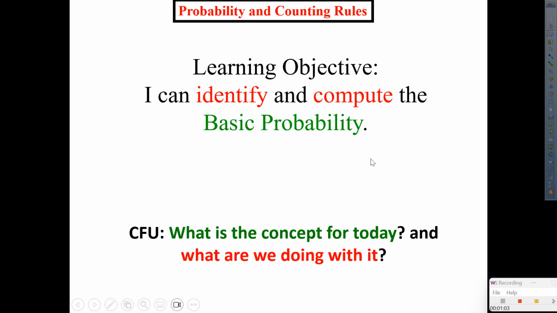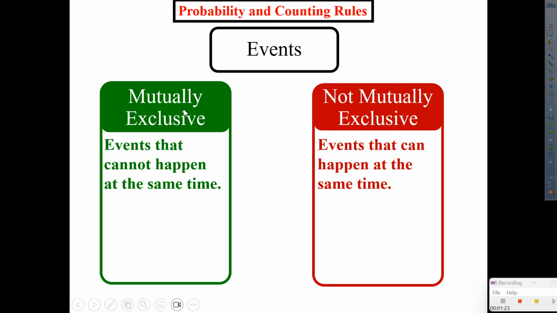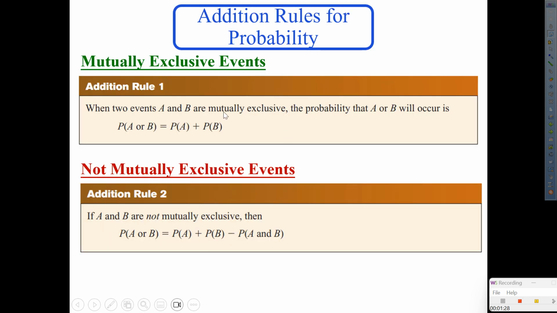So a quick recap. Tell your neighbor the definition of probability. One more time. All right, we got a yes. And we know the 3 areas of probability we've been working with: classical, empirical, and subjective. From there we went to events, mutually exclusive, not mutually exclusive. Then formulas for mutually exclusive and not mutually exclusive, and those were addition rules, yes?